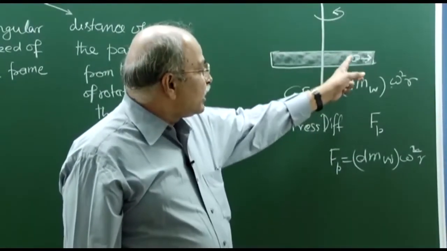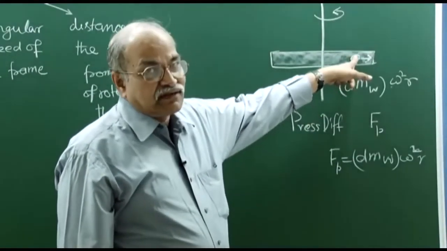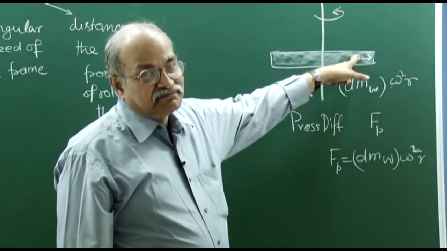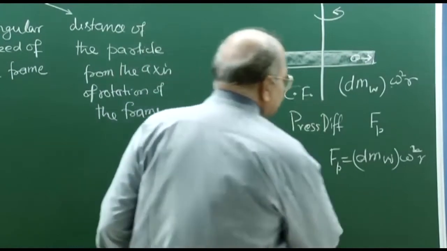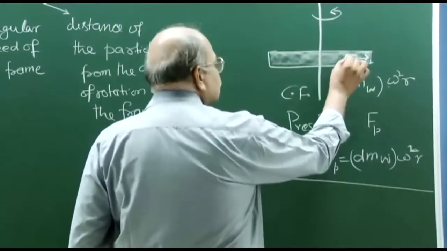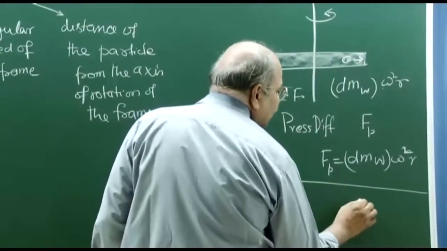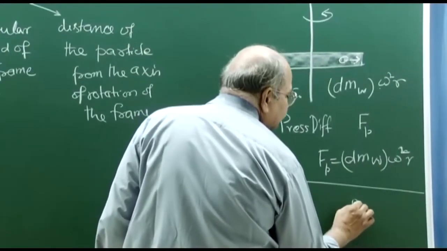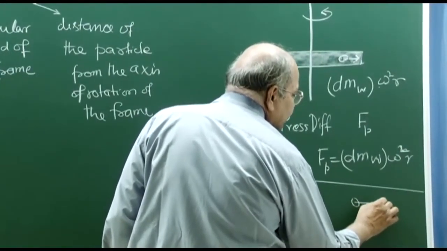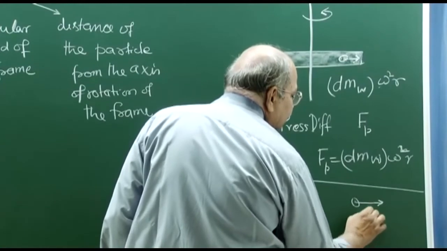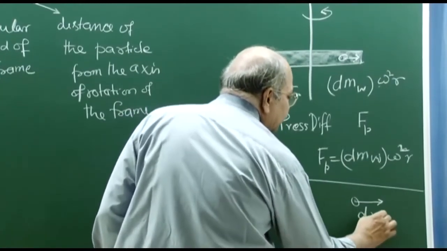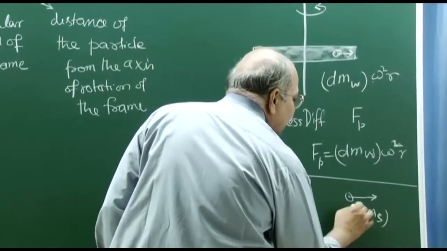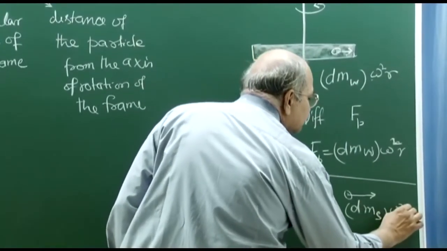Now, if you have a stone here of the same shape, let us say, what happens? If you have a stone here, then the centrifugal force is in this direction, and that centrifugal force will be dm stone times omega square r.